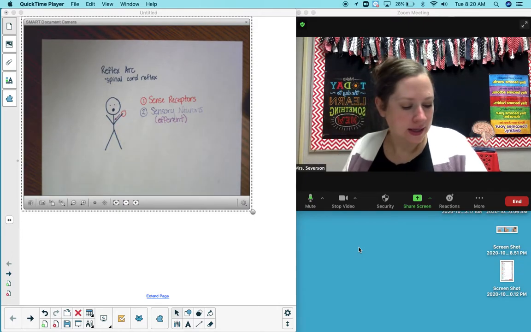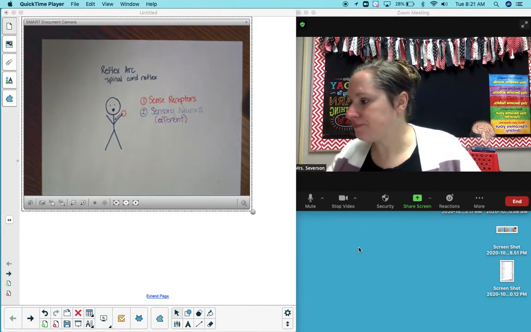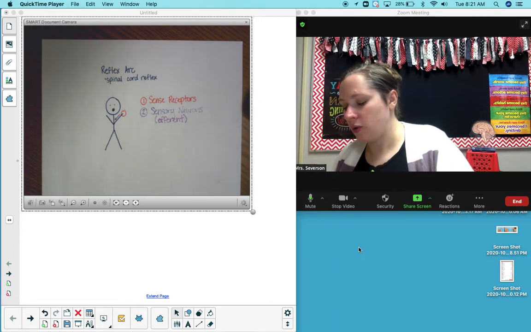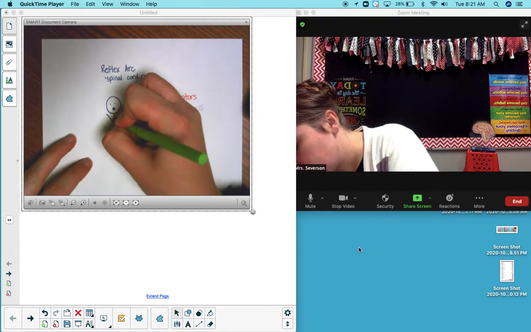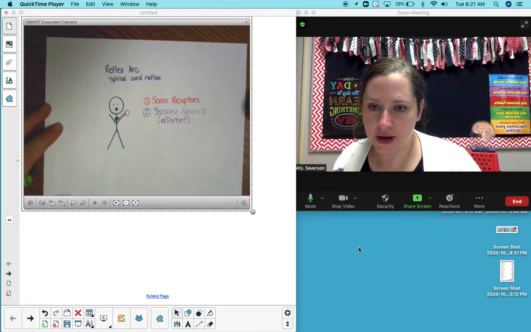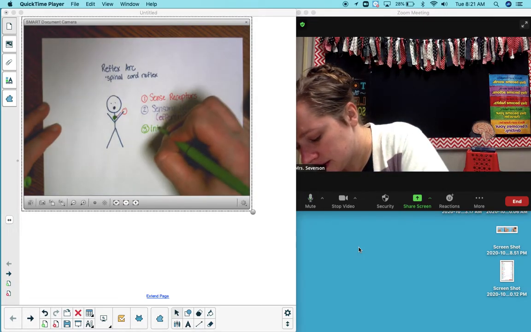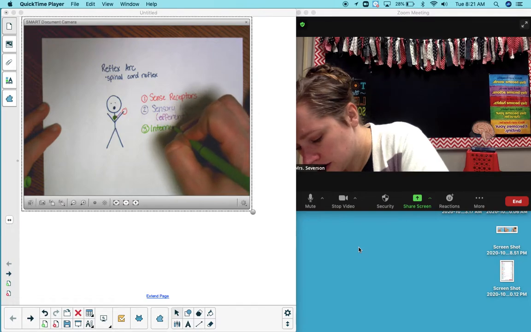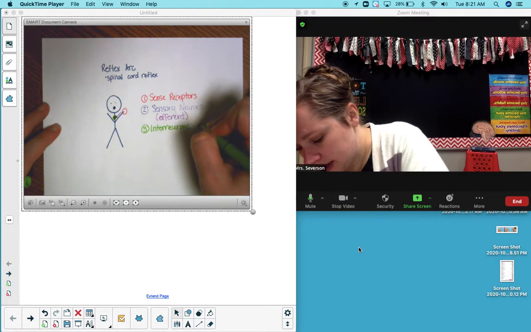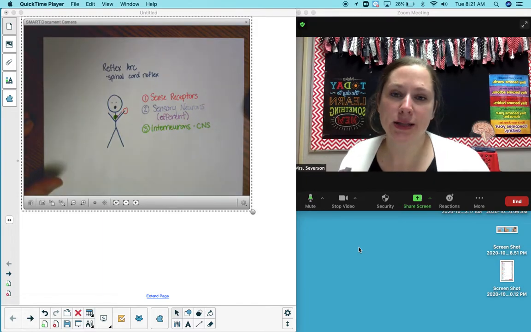Then what happens is there's specialized neurons in your central nervous system. Okay, so I'm going to draw a green dot there in the central nervous system, and these are called interneurons. And these are only in the central nervous system, so your brain and spinal cord.